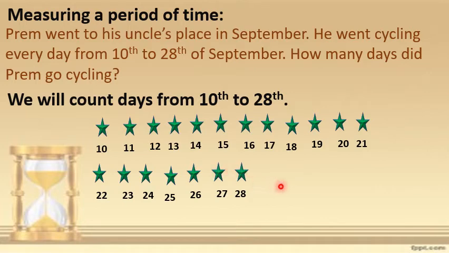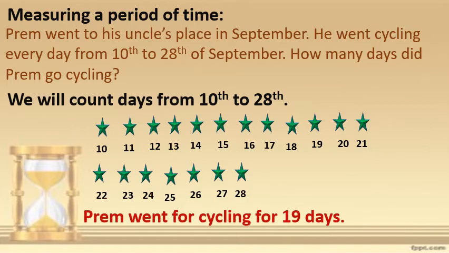Isn't it? Here total how many days he did the cycling? Yes. Prem went for cycling for 19 days. Correct? This is our answer. Shall we move to the next question?